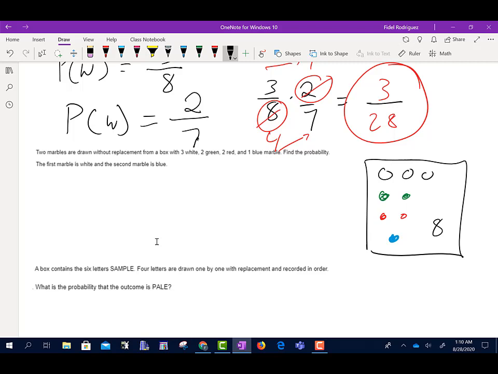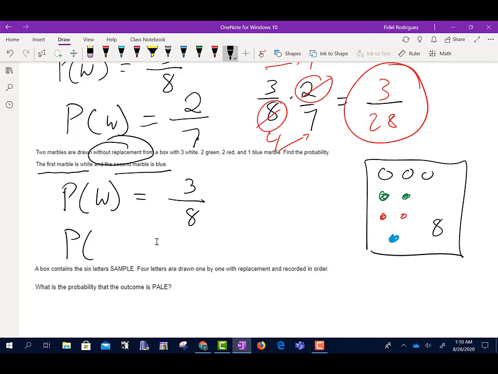Okay, so it says we're going to find the probability that the first one is white and the second one is blue. So what's the probability that we're going to get a white marble? Again, out of 8, 3 of them are white. Now, again, we are not replacing the marble. So now we want to figure out what's the probability we're going to get a blue marble.